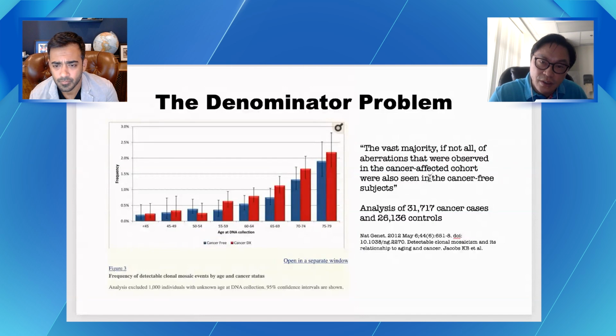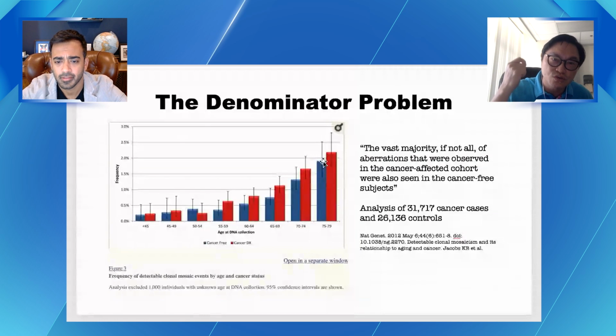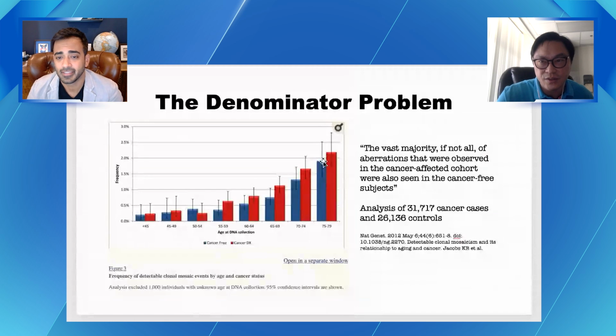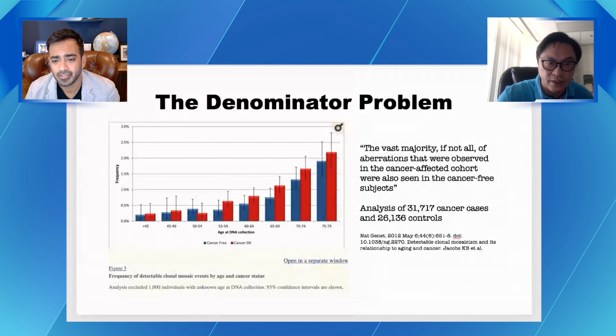In other words, yes, there are a few more mutations in the cancer group, but not by a lot. 90% of the people with this same mutation do not get cancer. So it's not so simple that you get this mutation, you get this cancer. Most of the people who get this mutation don't get this cancer.